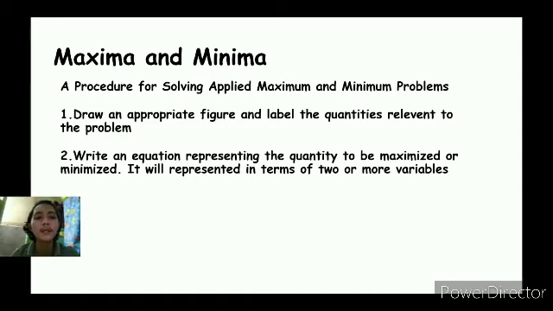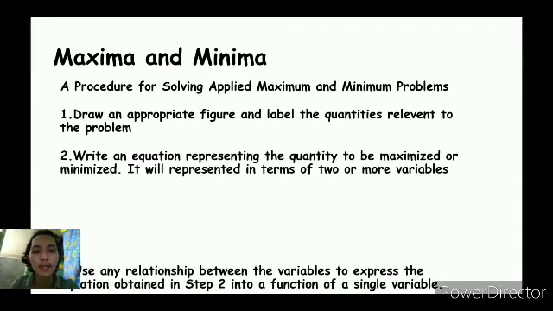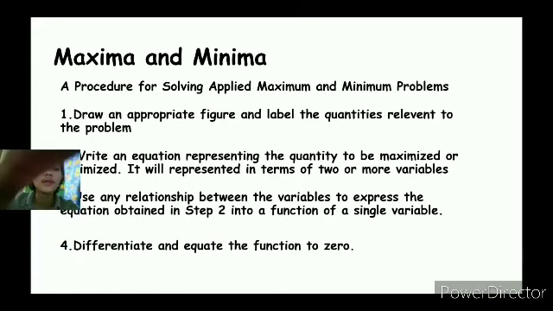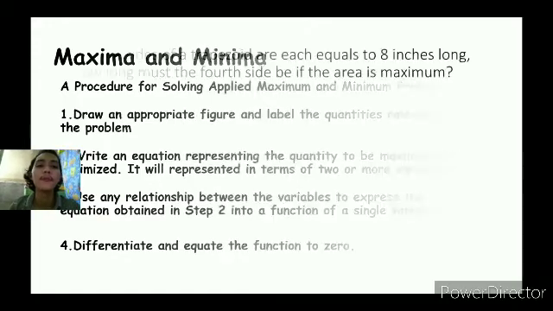It will be represented in terms of 2 or more variables. Step 3, use any relationship between the variables to express the equation obtained in step 2 as a function of a single variable. Step 4, the last step, is differentiate and equate the function to 0.